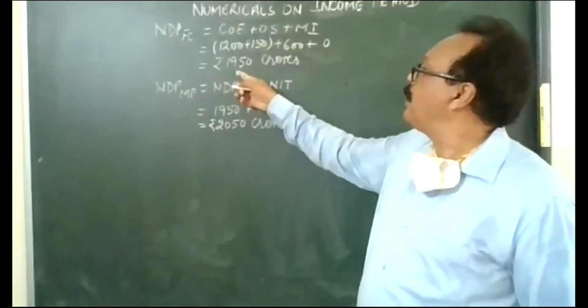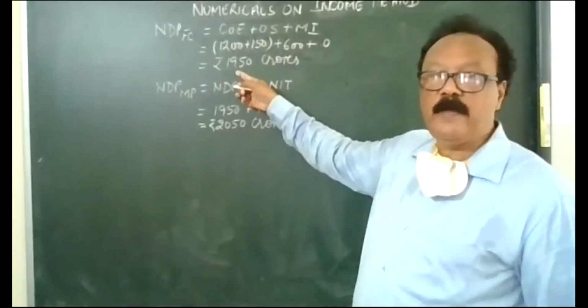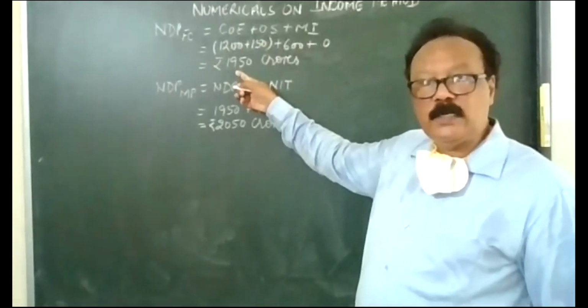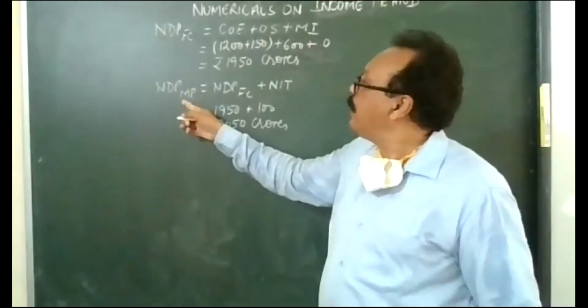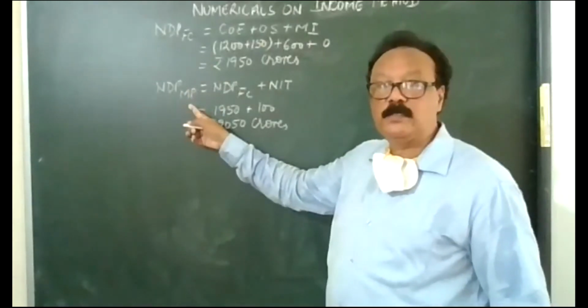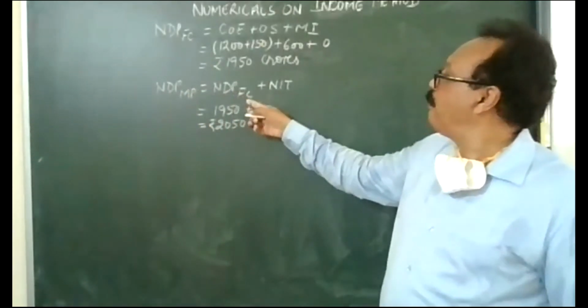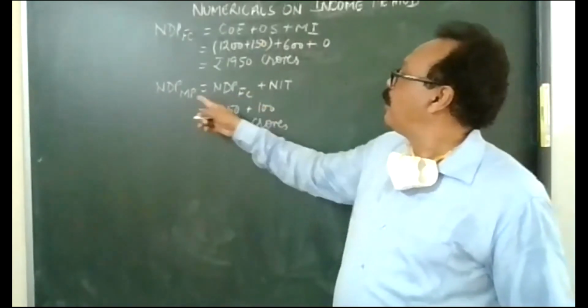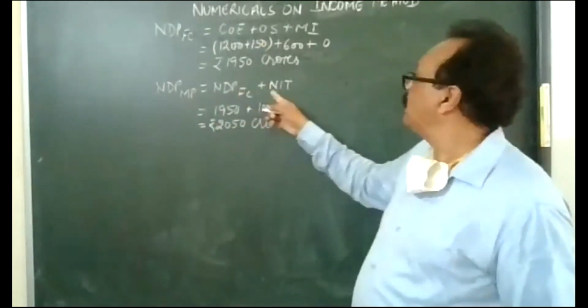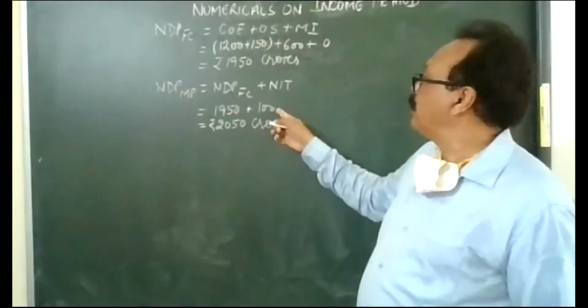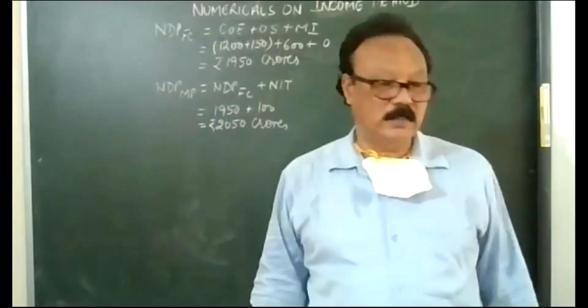Totaling them up, we get the domestic income, NDP at factor cost. The question asks you to calculate NDP at market price. You already have it at factor cost, and to get market price, you add NIT.